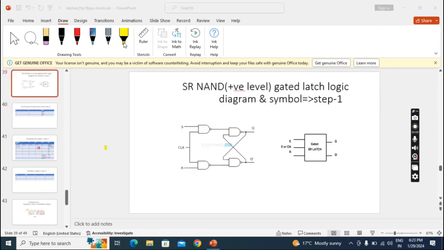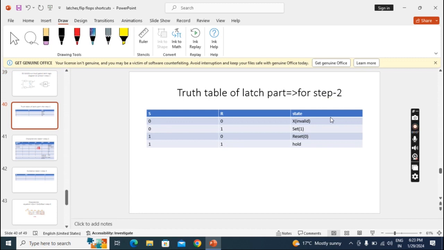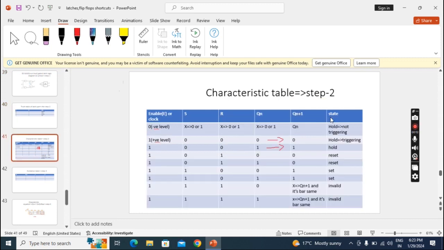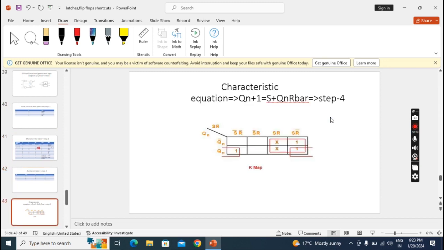So this is step 1, this is step 2, then step 3, step 4. All these 4 steps are common to gated latches and flip-flops, for any gated latch and any flip-flop.